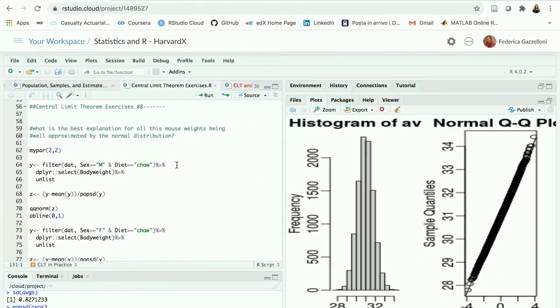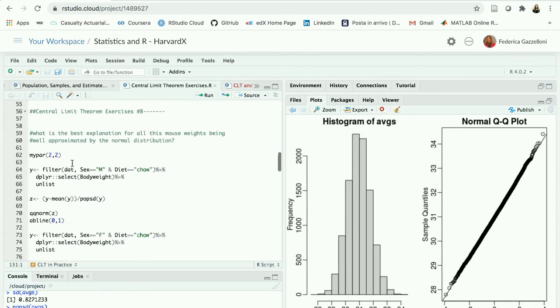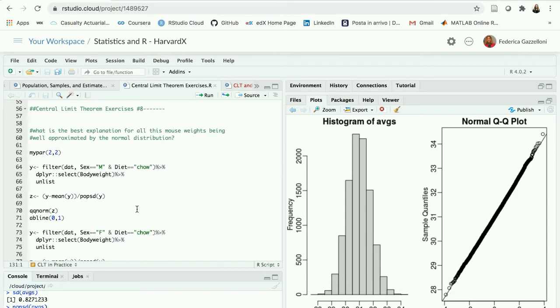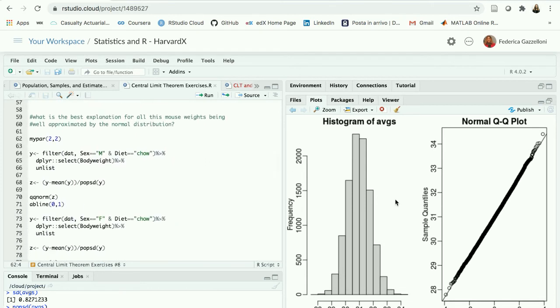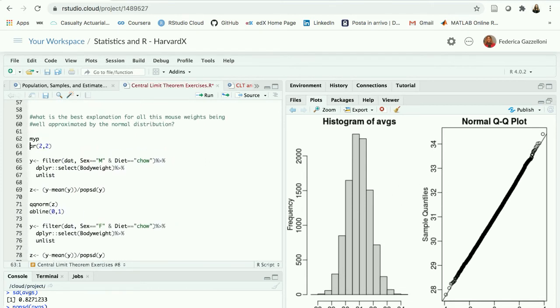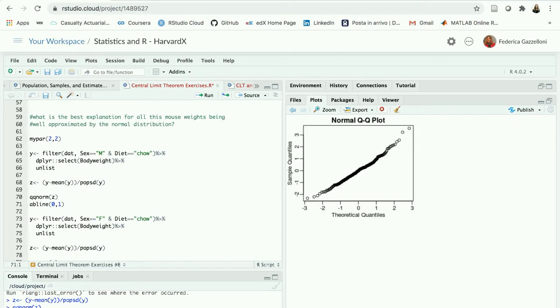For this reason, we now want to make a comparison of the other side of our data set. I set my window to have two plots, and then just as I did before, I have the male in controlled diet and its plot.